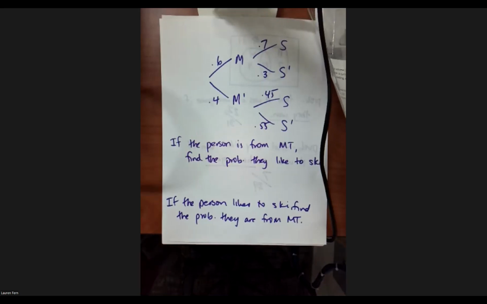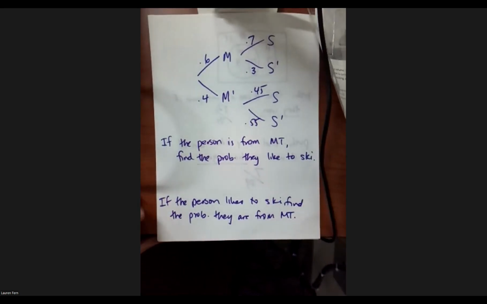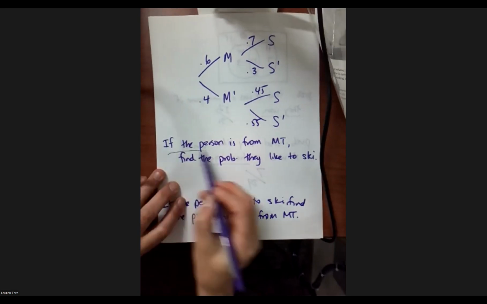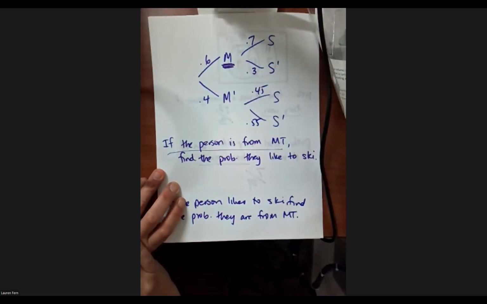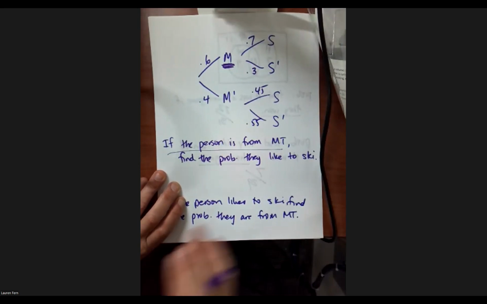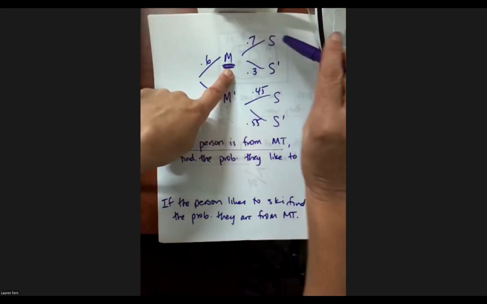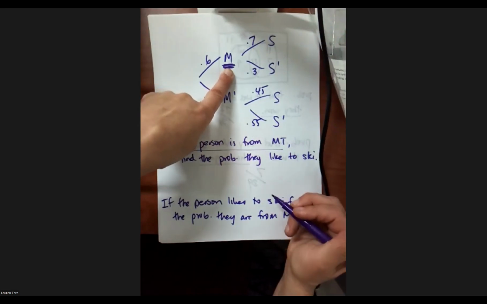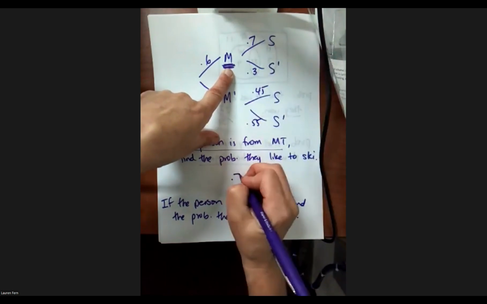Cool. All right. So again, we always reduce our sample space down to whatever comes immediately after our conditional phrase. If the person is from Montana, aren't we assuming we're right here already? Okay. If they're from Montana, do we know the probability that they like to ski? Yeah, what is it? 0.7.